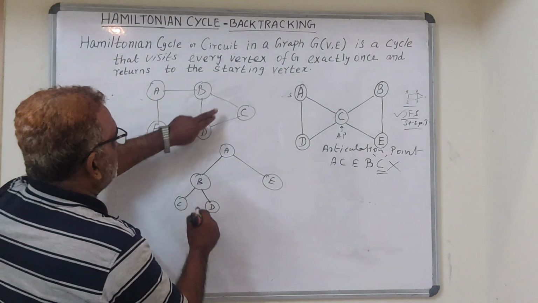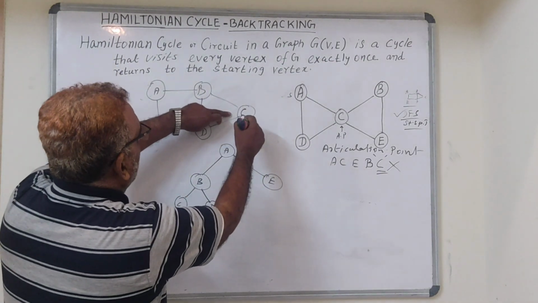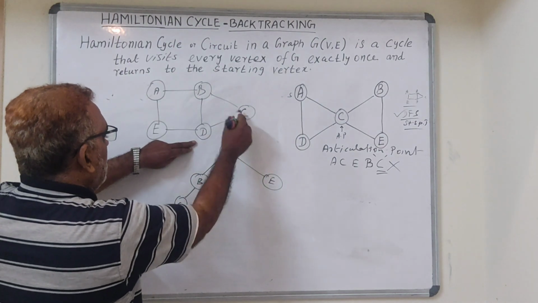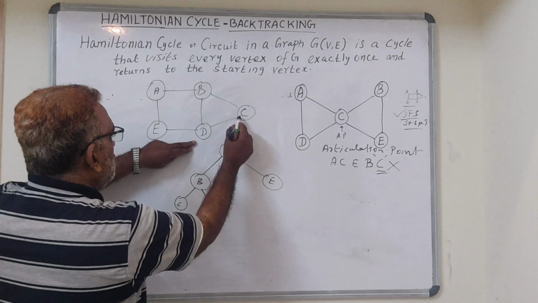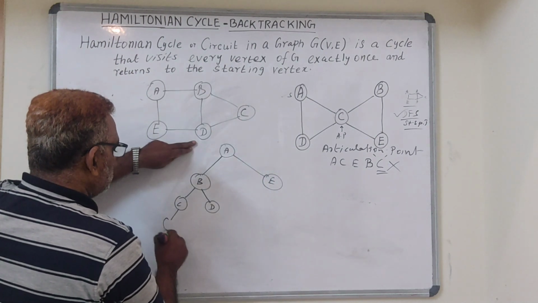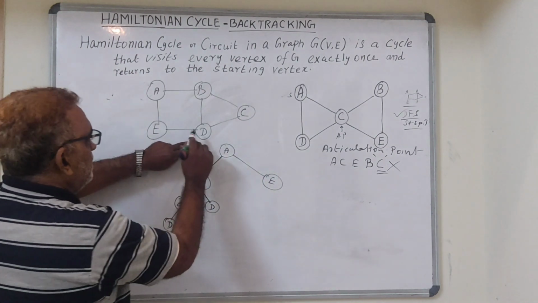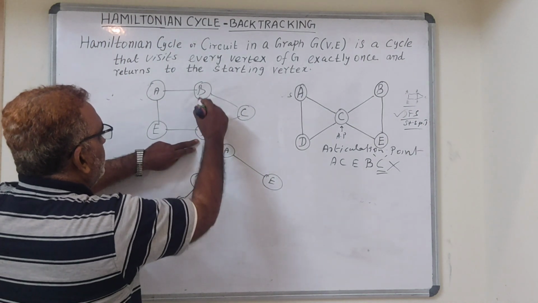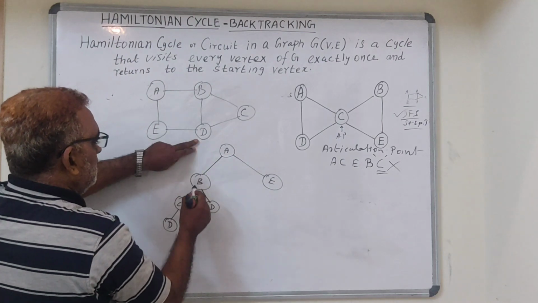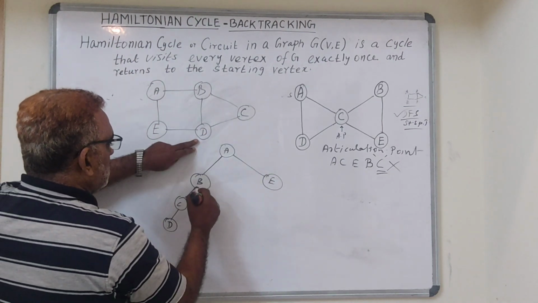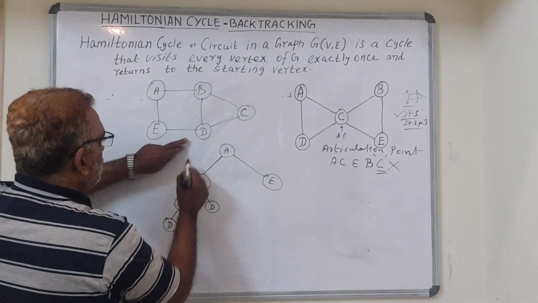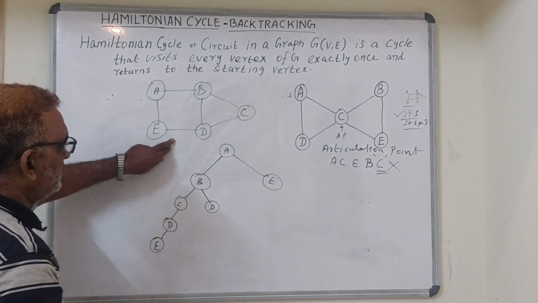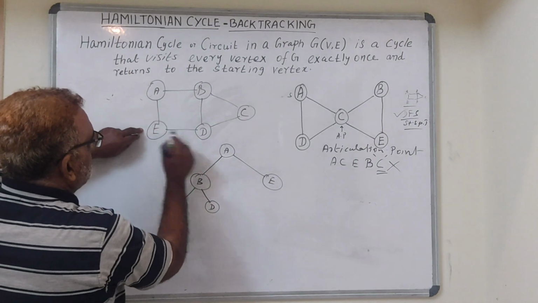From C, what are the adjacent vertices? From C we have D and B. B is already included, so the possible node is D. From D, what are the adjacent vertices? From D we have B, C and E. B and C are already present, so we include E. From E, what are the adjacent vertices?